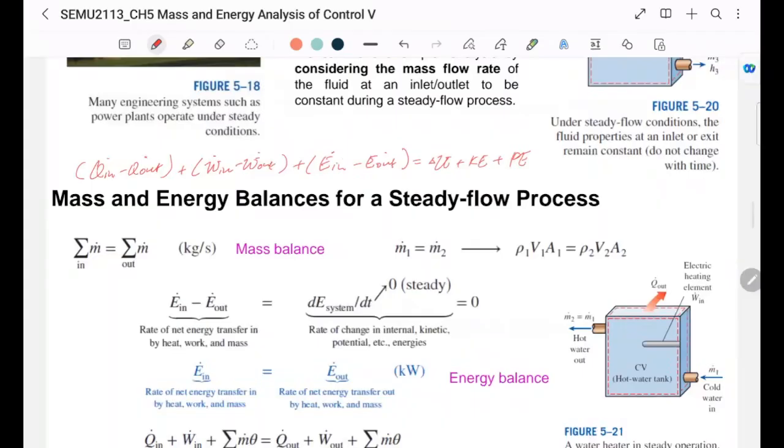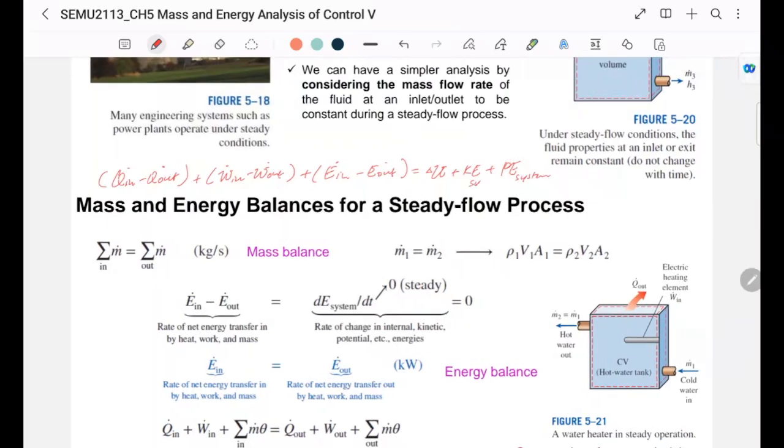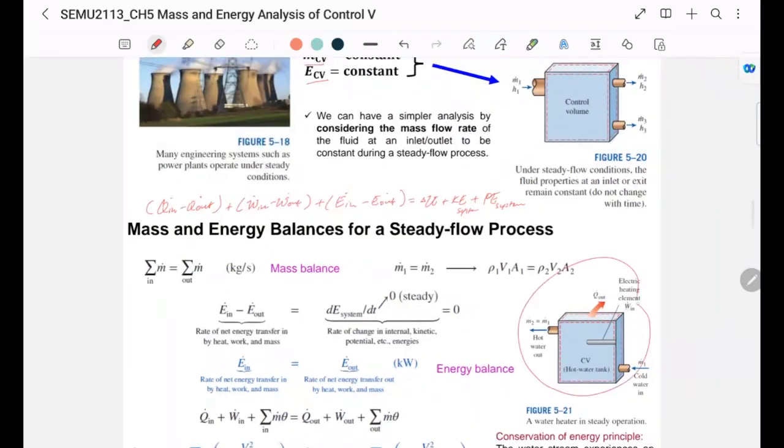Right, and then because this is the system potential energy, system kinetic energy, as long as this system is not moving or there's no elevation change, velocity zero, elevation change zero, so then we have this to be zero.